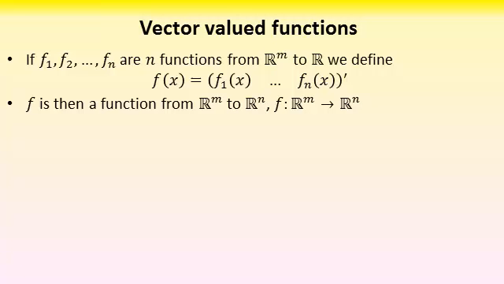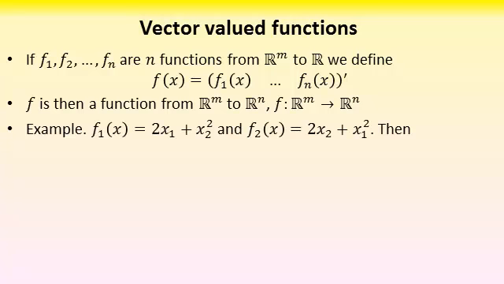Well, that means that my function f is then a function from Rm to Rn. It accepts m numbers and it returns n numbers. And we say that f is a vector valued function.